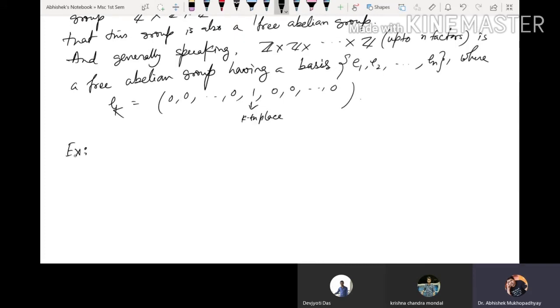Also, let us have a look at the group Zn, the finite cyclic group of order n.